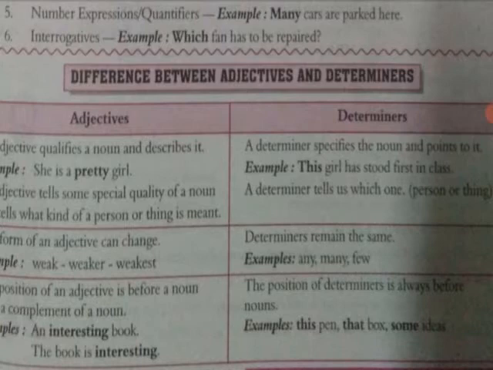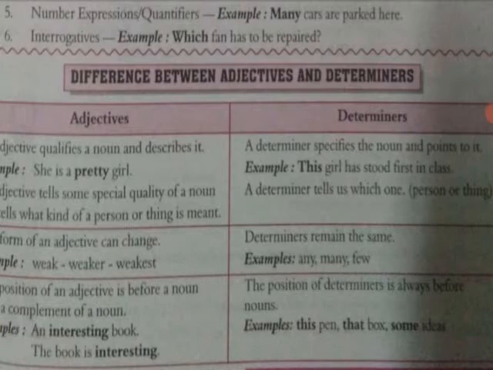This girl has stood first in the class. Here, this is our determiner. It is used for the noun girl. So, an adjective tells us some special quality of a noun and determiners tell which noun we are talking about.